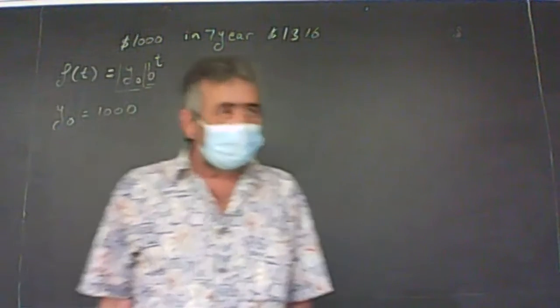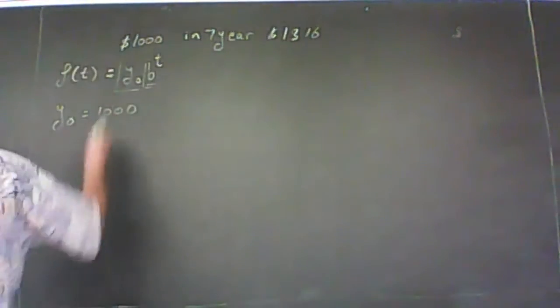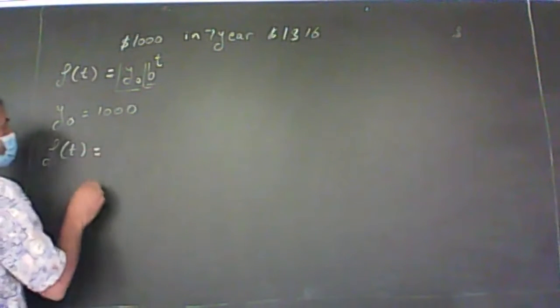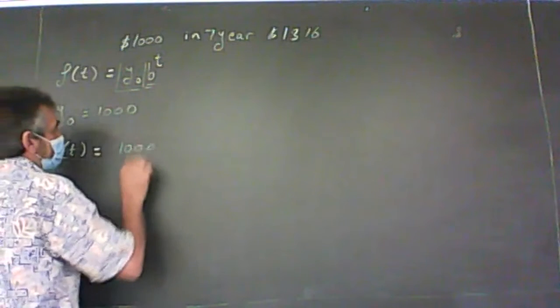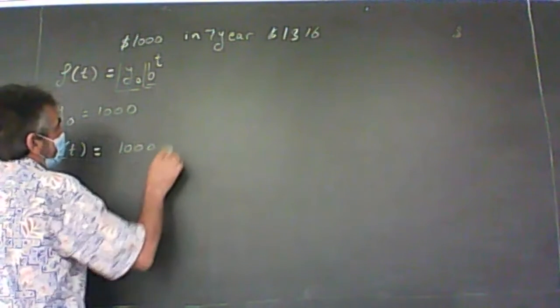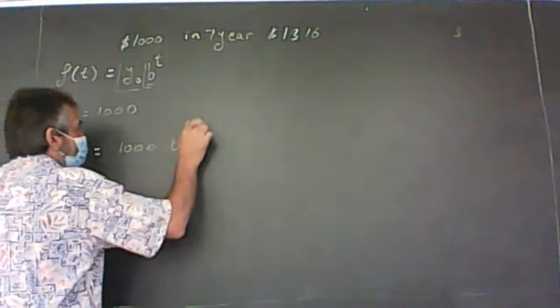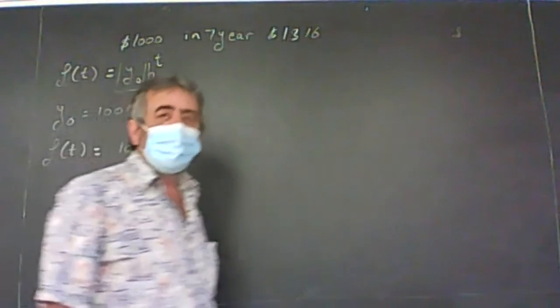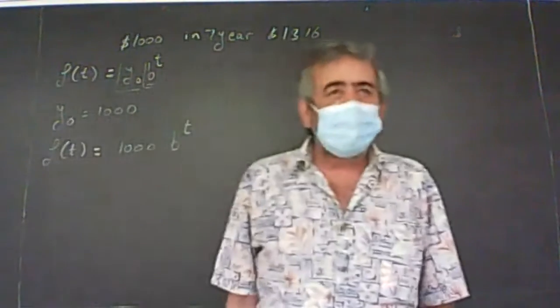We can write the equation using that. So f(t) now equals 1,000 times b to the power t. Now the only thing left for me to figure out is what b is.